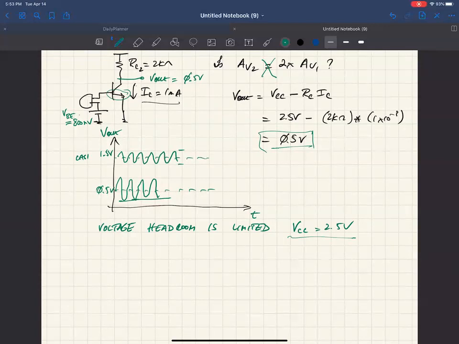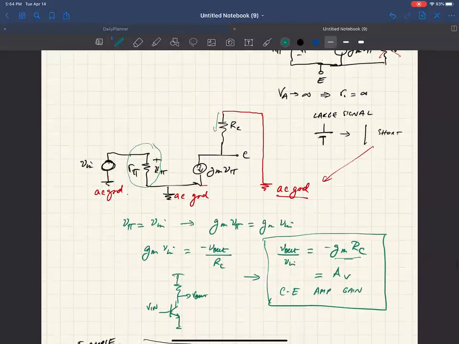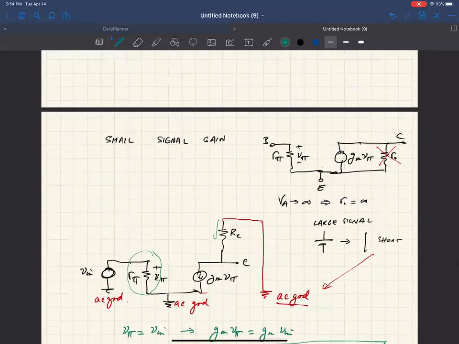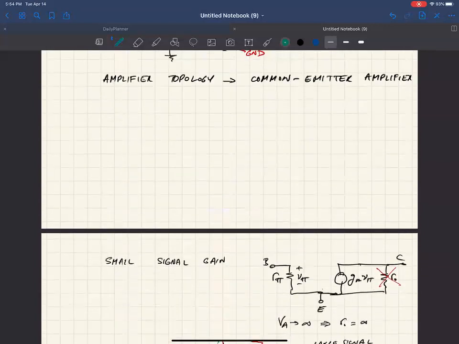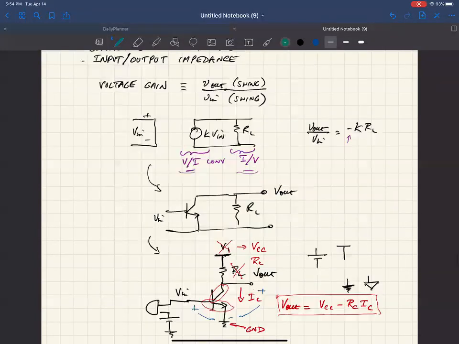But because it's 2.5 volts, the transistor goes out of saturation. We talked about the two main amplifier characteristics. I didn't mention it this time, but in the recorded lecture, I think I mentioned that the two things are voltage gain and power consumption.